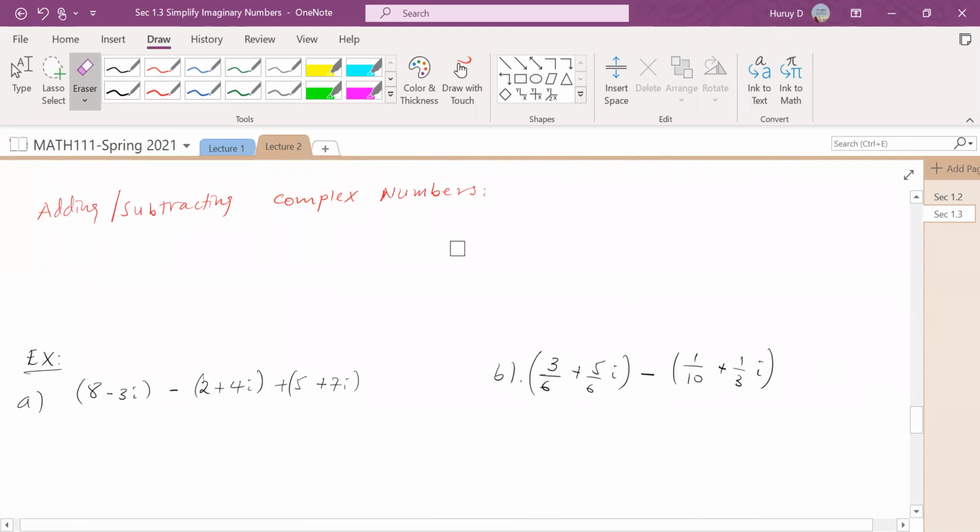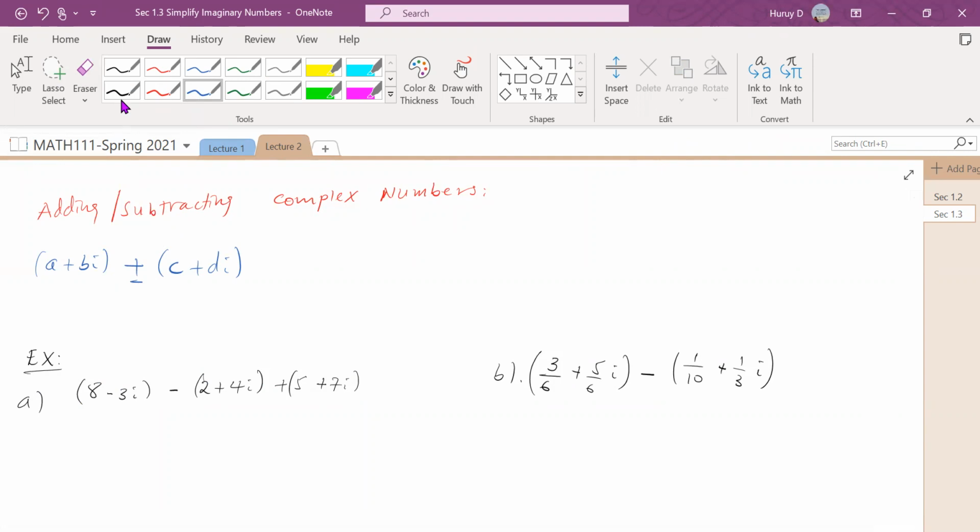Okay. Now let's go to adding and subtracting complex numbers. So if you have two complex numbers, let's say a plus bi plus c plus di. This addition could be subtraction, doesn't make any difference. Still the same applies. With subtraction we have to use the distribution, by the way. So we add the real numbers.